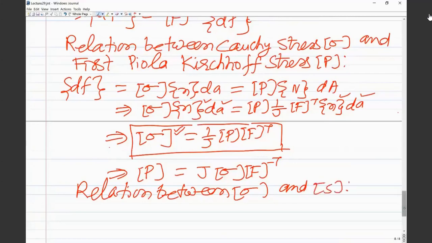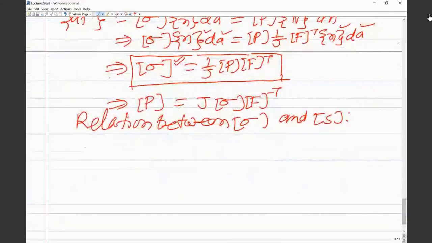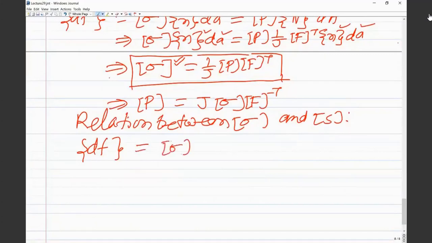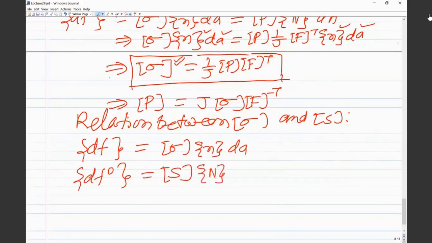Again, our starting point is that based on the Cauchy stress, the force vector in the current configuration is given as Cauchy stress sigma into n da, and based on the second Piola-Kirchhoff stress, we know that dF naught is given by the second Piola-Kirchhoff stress tensor S into N dA.